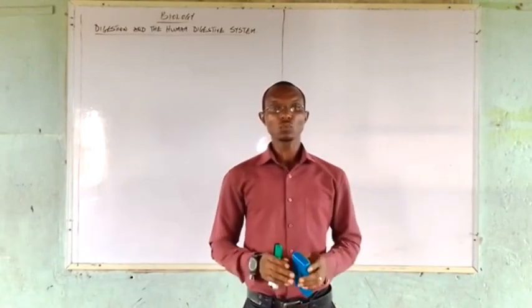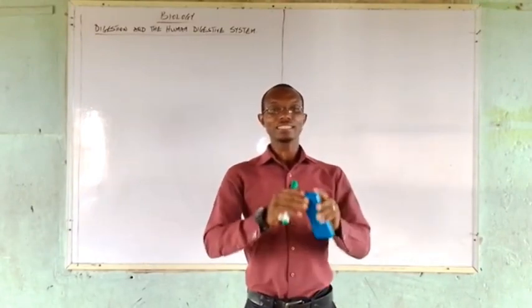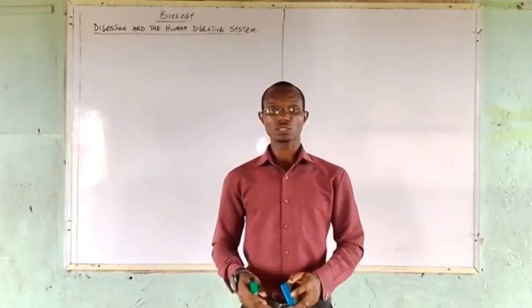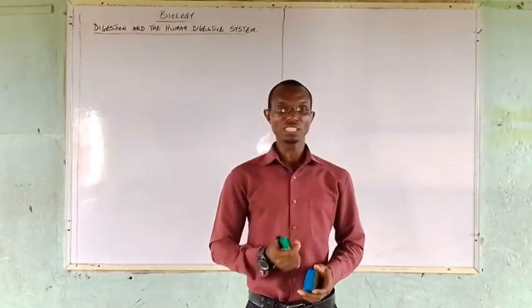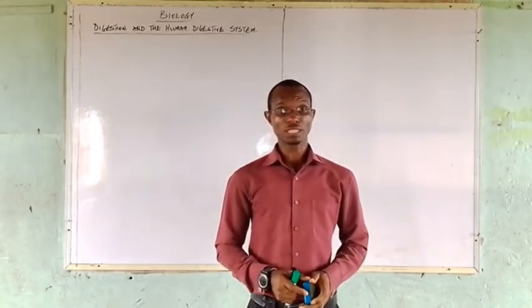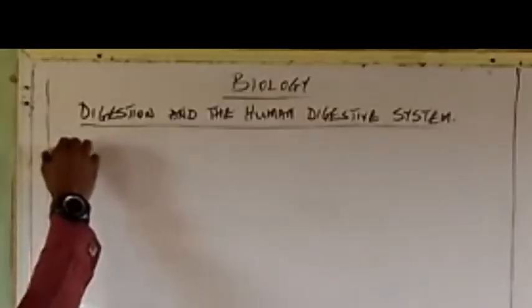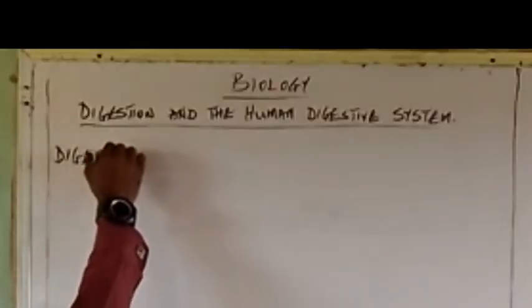So basically, we talk about digestion as the breakdown of complex food samples into smaller particles until our body is able to generate nutrients from them. Now, so that is just digestion. So let me quickly put down what I have just talked about.